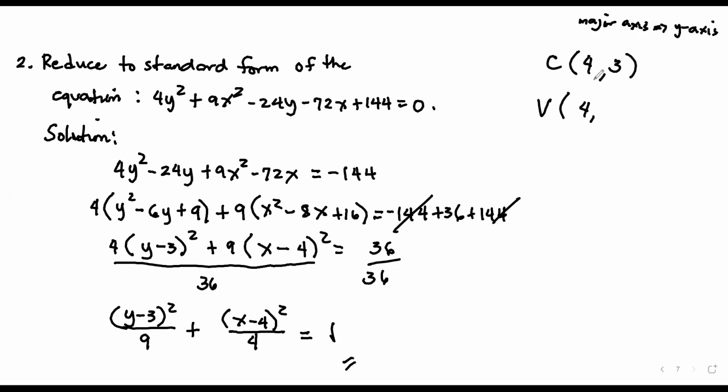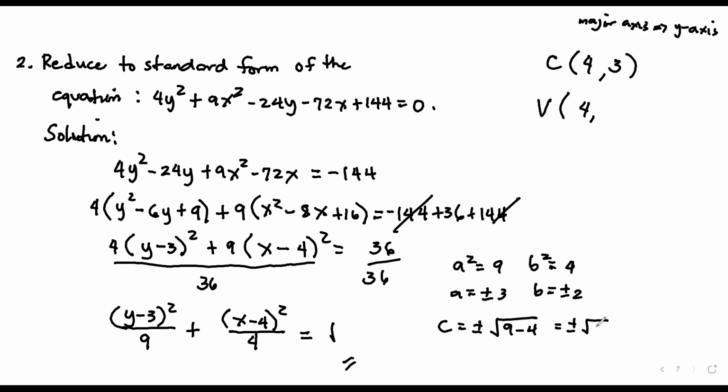A squared is equal to 9, so a is positive negative 3. B squared equals 4, so b is positive negative 2. And c is equal to positive negative square root of 9 minus 4, so positive negative square root of 5 is the value of c.